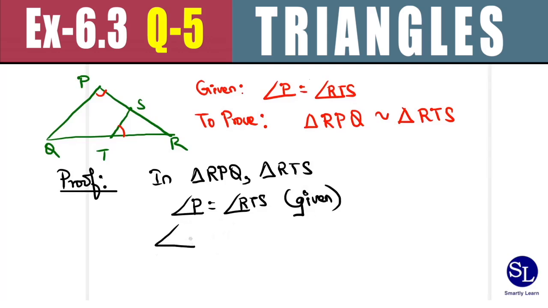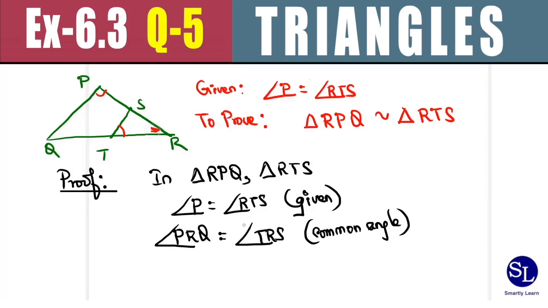And we also know that angle PRQ is equal to angle TRS, which is the common angle. See, let's understand what this is. So we are looking at angle PRQ, which is nothing but this angle, which is also nothing but TRS. So between these two triangles, you have angle R that is common.